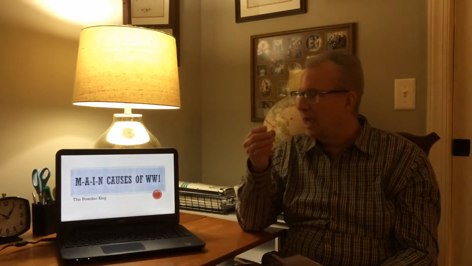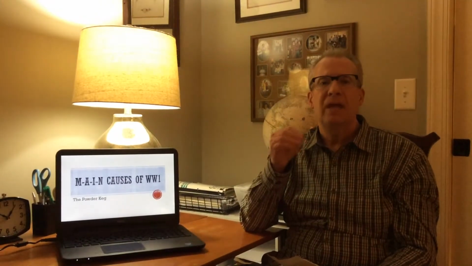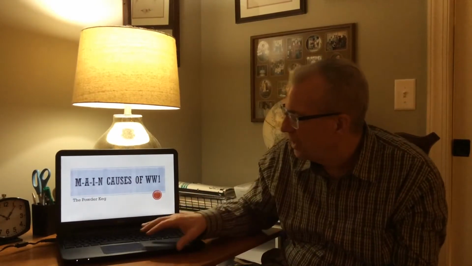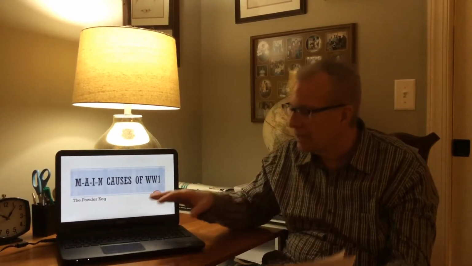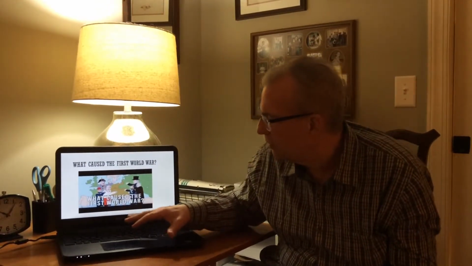It's a good reminder that the causes would be militarism, alliances, imperialism, and nationalism. So keep that as a handy guide for your test. Those we'll call the powder keg. Those were underlying events. So I've got a short video I want you to see, to get your idea about what's going on.